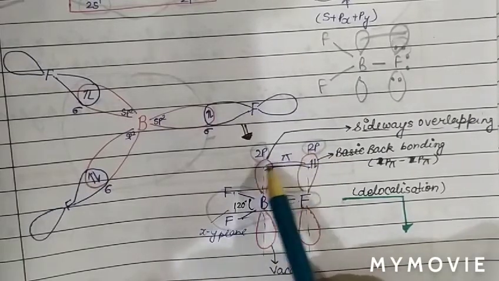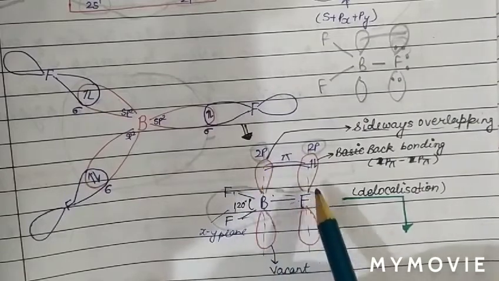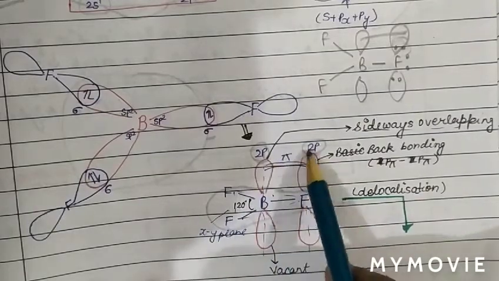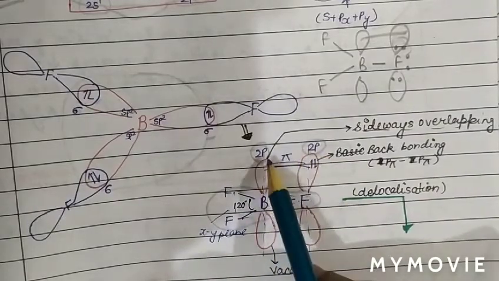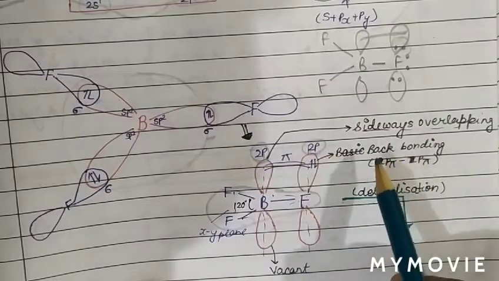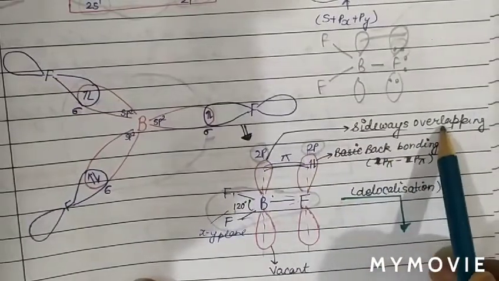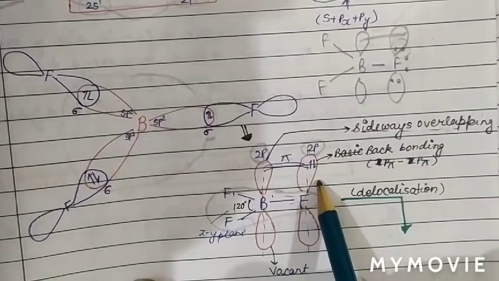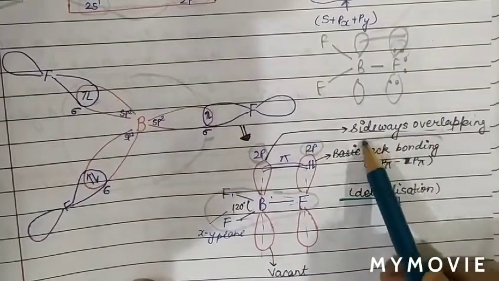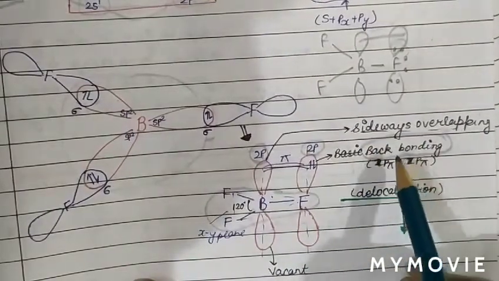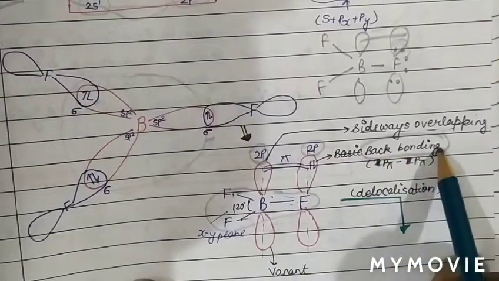So we can see that boron has a 2p orbital and fluorine also has a 2p orbital. These are of similar energy and of the same size. So we can say sideway overlapping occurs between boron and fluorine. This type of bond formation is called back bonding. So basically, what is back bonding?